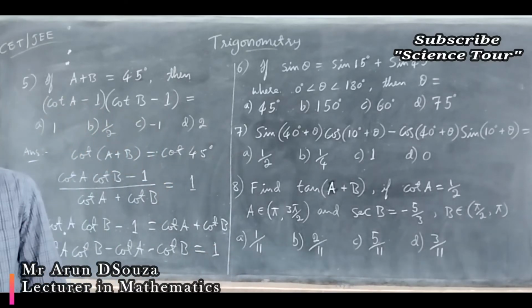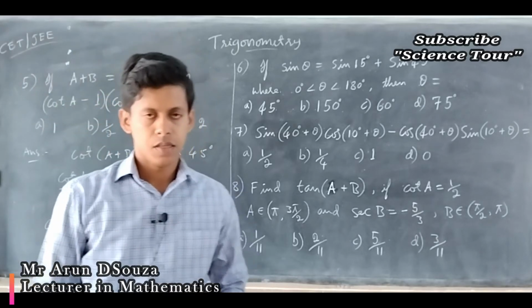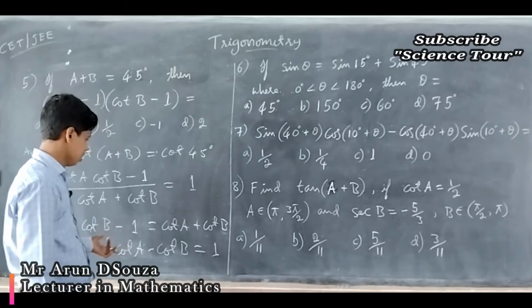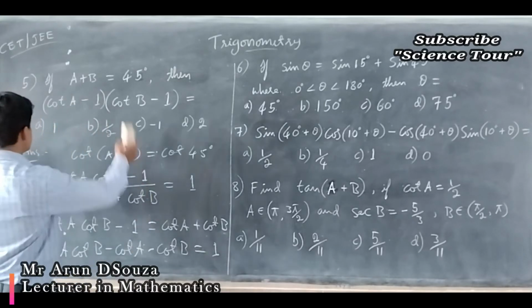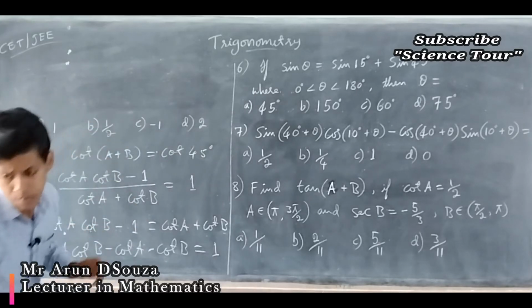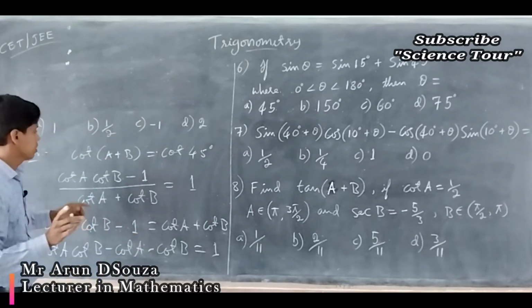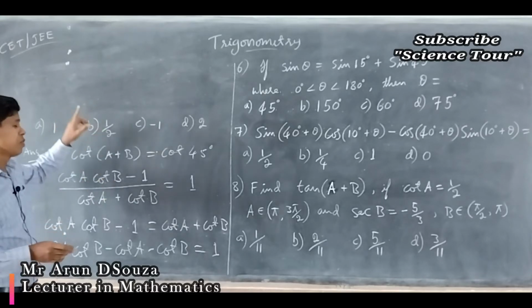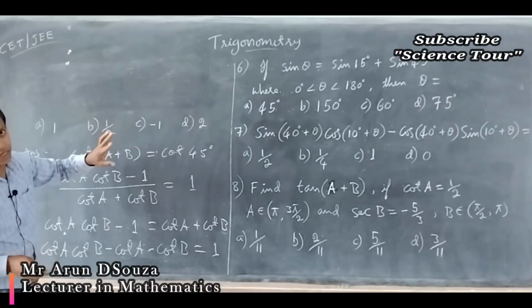Well, now once again a similar step here. In the previous question I added 1 both sides, so here also I will add 1 both sides. Why am I adding 1? Because I need cot A minus 1 into cot B minus 1.